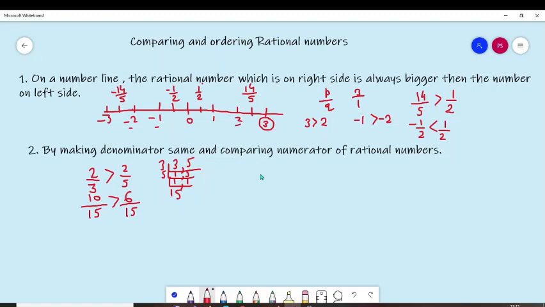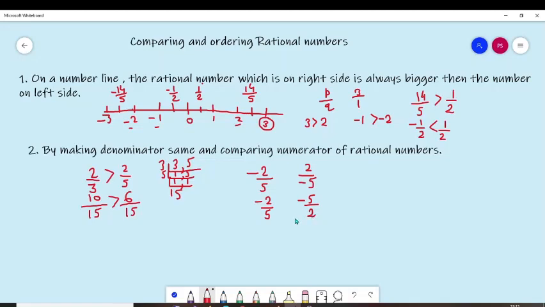Suppose we have rational numbers like -2/5 and 2/-5. Before taking the LCM, we always have to make the denominators positive. So it will be -2/5, one fraction, and the other will be -5/2, right?